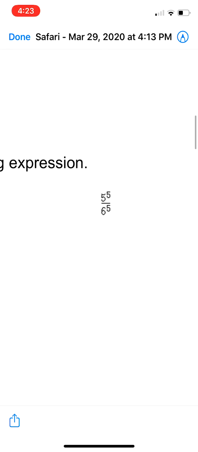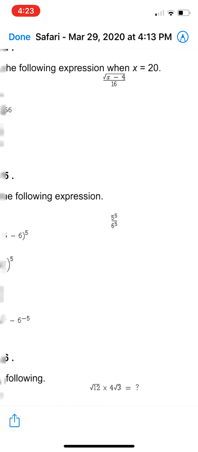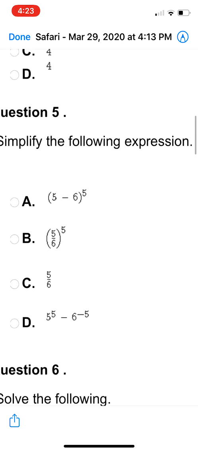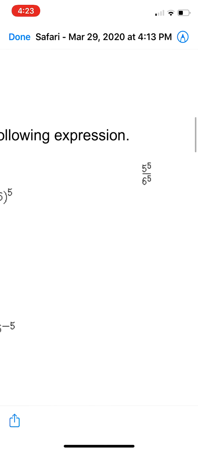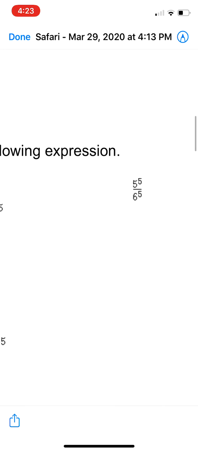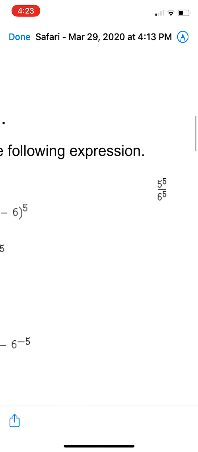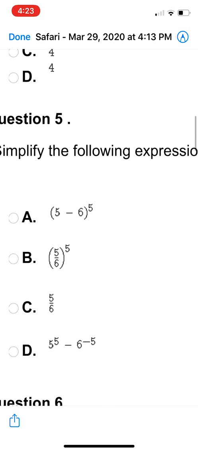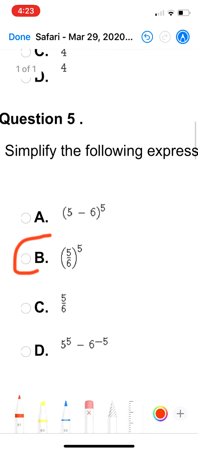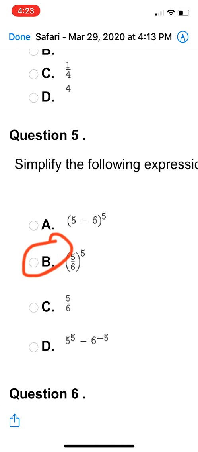We could just write it with one exponent. This is kind of like the power rule, the opposite of the power rule. So if you're looking over here, they're being divided, 5/6, and they both are to the 5th power, so you could rewrite it like b. Okay, so that one was easy.